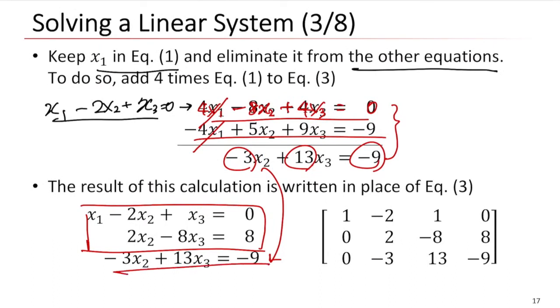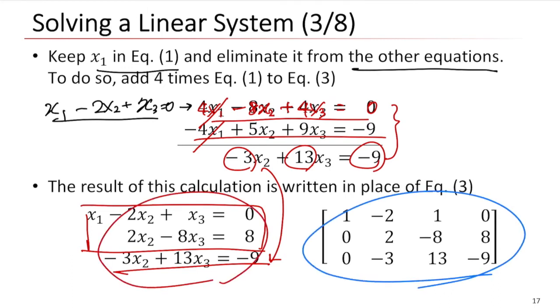Okay, how can we represent this linear system in augmented matrix form? In this case, it looks like 1, -2, 1, 0, 0, 2, -8, 8, 0, -3, 13, -9, right?